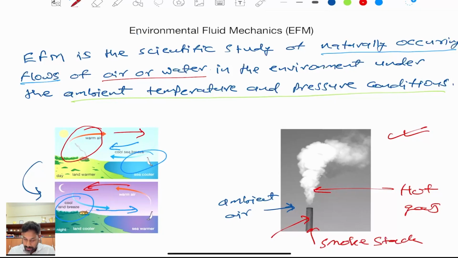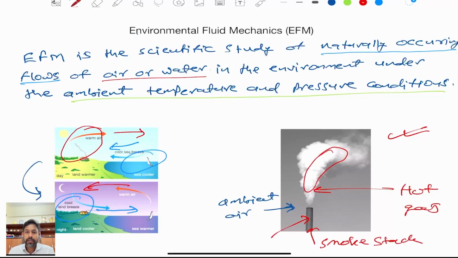Okay. Another thing that we have here is ambient temperature and pressure conditions. So while the plume itself, in this case, might have higher temperature, the ambient that you see is at atmospheric temperature. That does not have higher temperature than the atmospheric temperature, right?